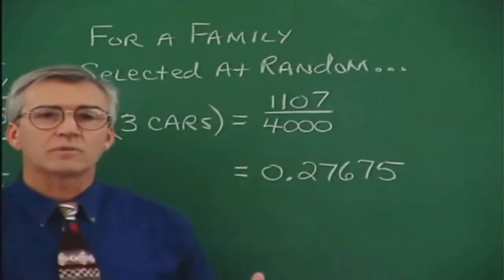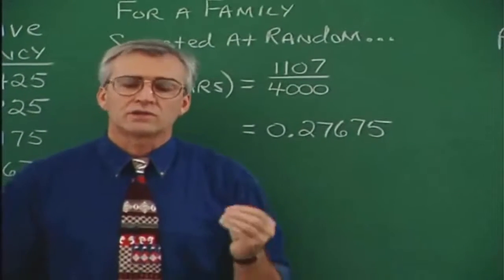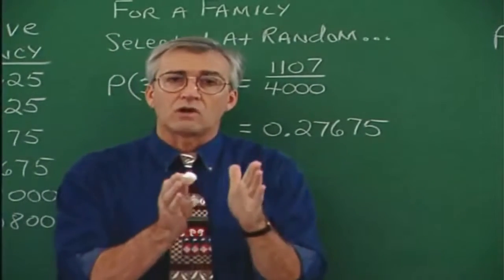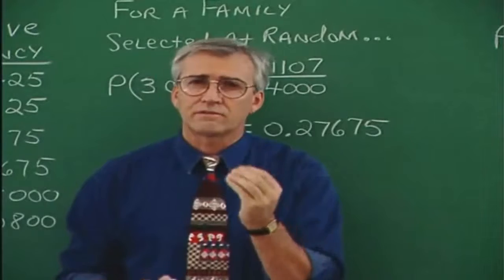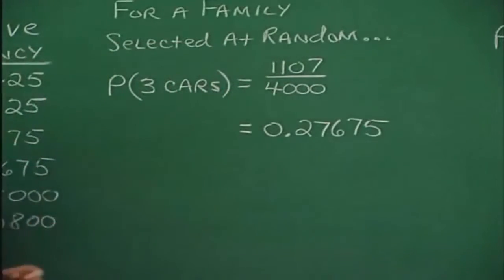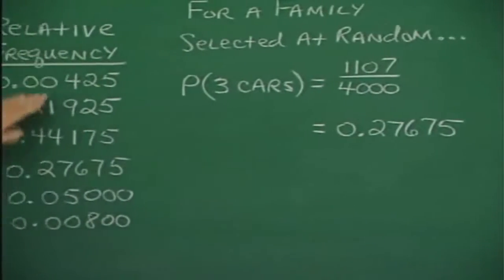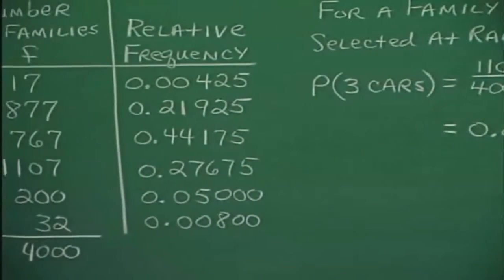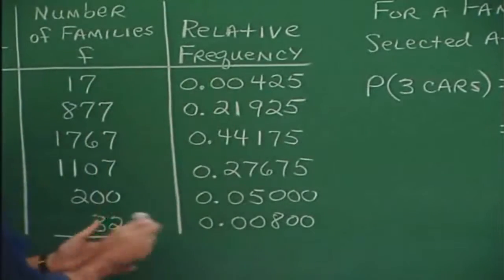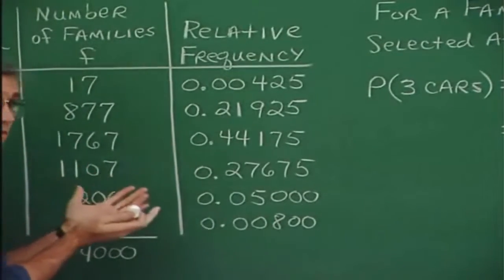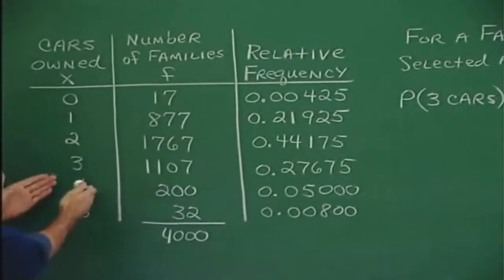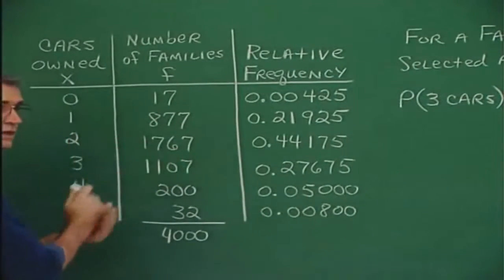Now, there's another interpretation of the situation, though. It turns out that when we have used tables that have frequencies involved, we talked about relative frequency. And what we have done here is just calculated a relative frequency. In fact, I have made a relative frequency column here, and these can be thought of then as probabilities associated with the number of cars for a family chosen at random.